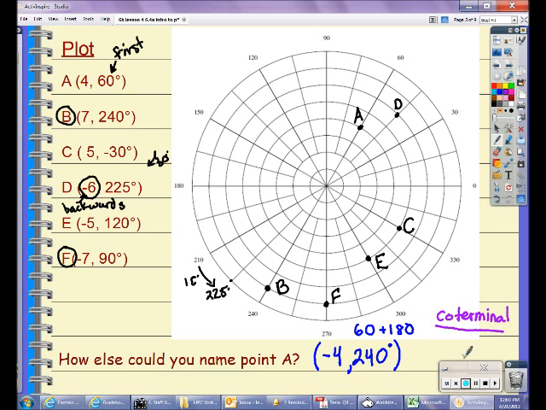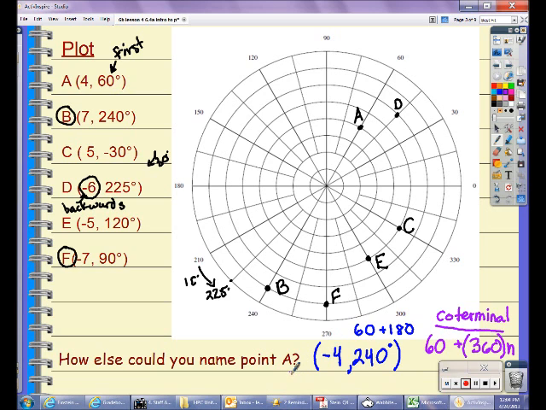Coterminal angles are full rotations away from each other. So something coterminal to 60 would be 60 plus 360, or plus 360 times 2, or 360 times 3, or 360 times any number n that is an integer.